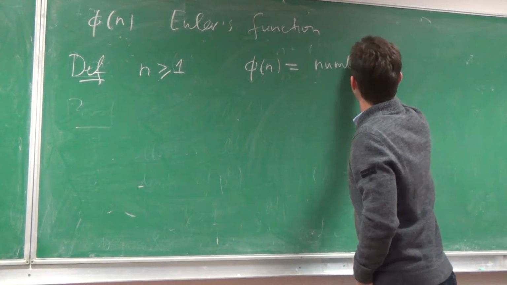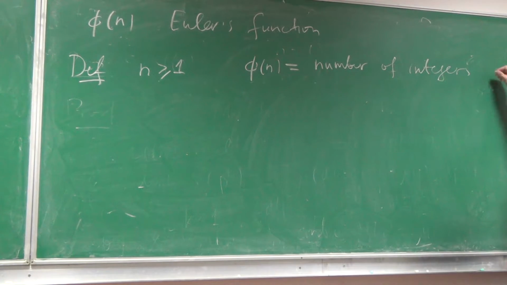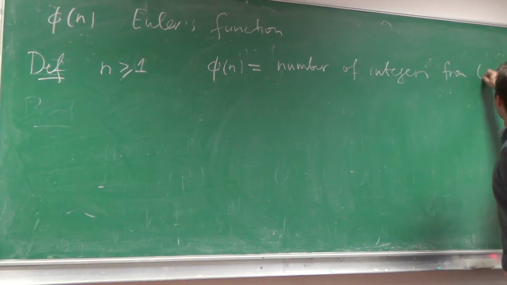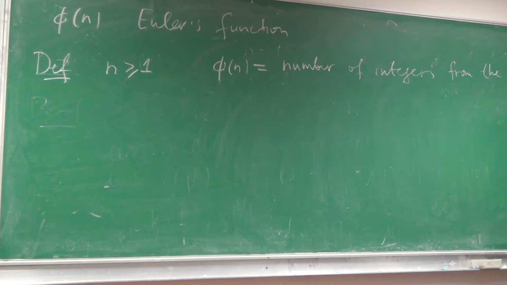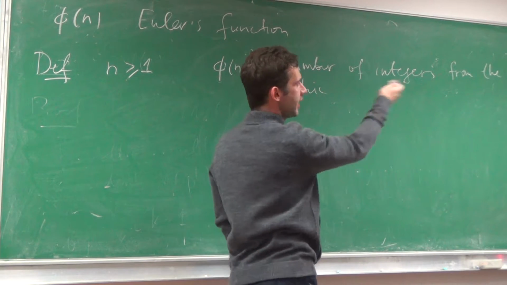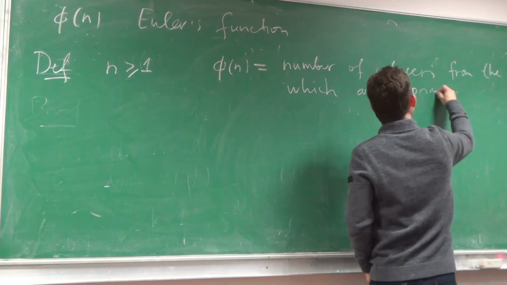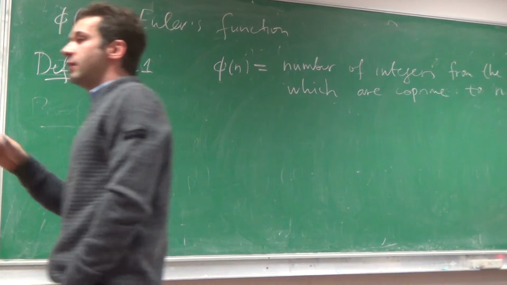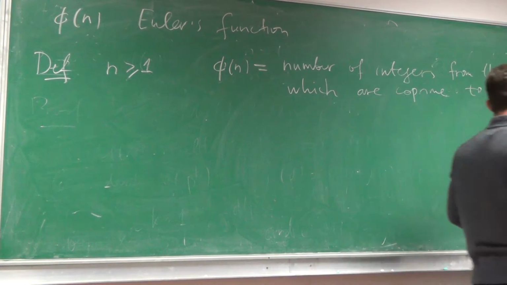It's the number of integers from the list 1, 2, up to n, so at the moment there are n integers, which are coprime to n. So that is the definition: the number of integers in the list which are coprime to n.